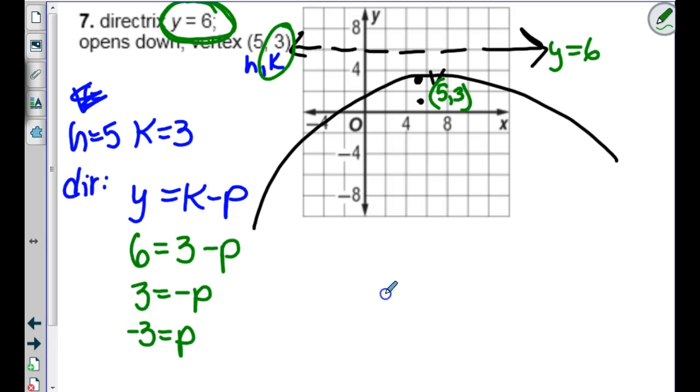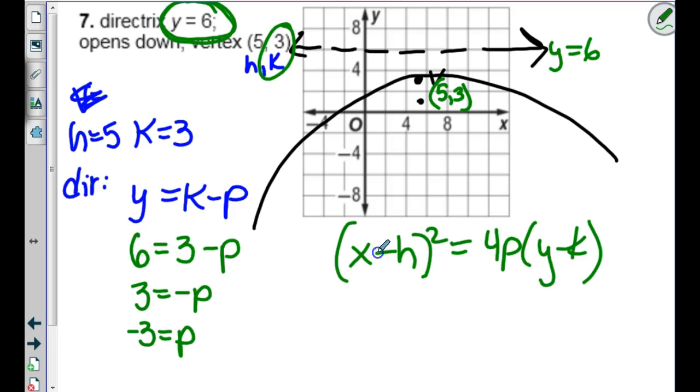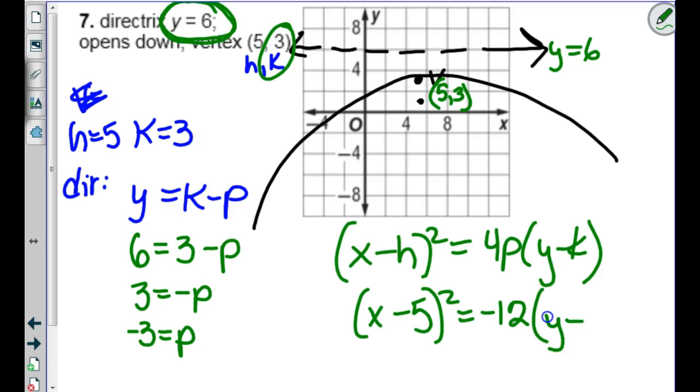All right, I think we can write the equation. General form for opening down is, who can fill in a number? X minus 5, 4P, y minus k, which is, yes, no, can you fill in those blanks?